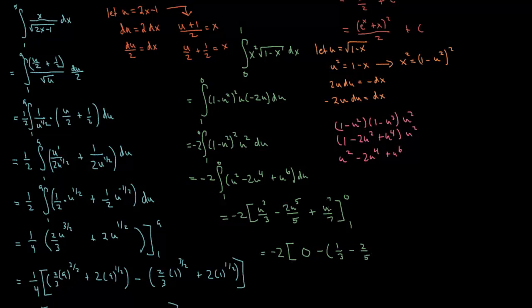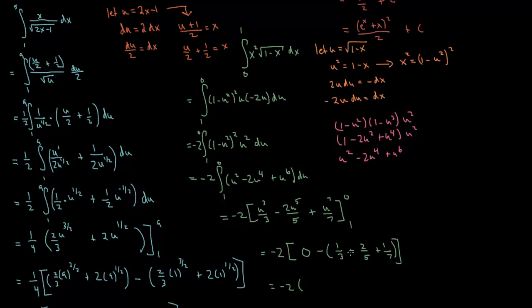Capital F at 1, you have u to the 7th over 7, so that's just 1 over 7, so plus 1 over 7. So what do we have here? Negative 2 times what? Notice we have a negative sign here, so let's simplify inside the parentheses, then negate the answer.